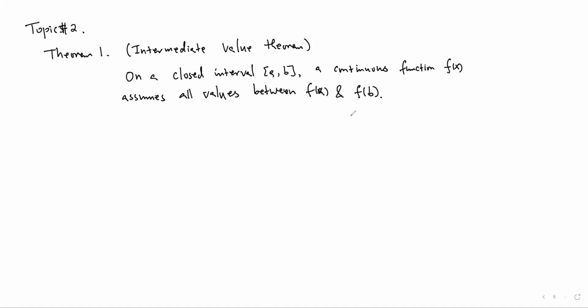If you draw a diagram, it is very easy to understand this theorem. X, Y axis. Say the interval AB is here, a closed interval including the two endpoints. At the point A, suppose the function value is here. At the point B, the function value is here. Now the function is continuous, the graph is continuous.